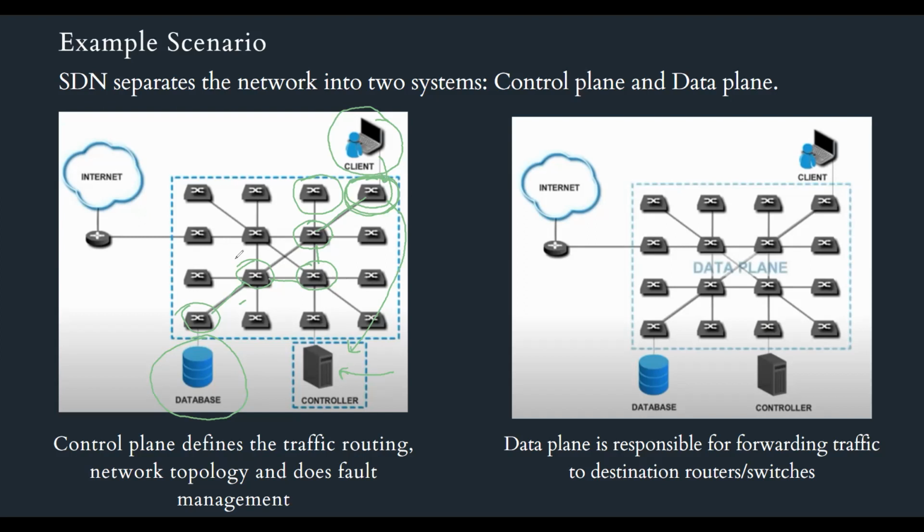Then each of the routers will forward the packets following the flow tables, and the data packet will be sent along that route. So that is how the controller will control the traffic in the network.